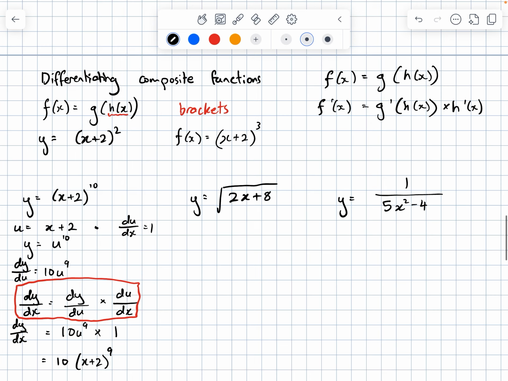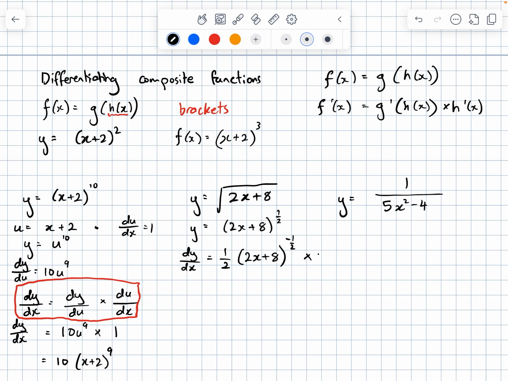So for number 2, I could rewrite this firstly as y equals (2x plus 8) to the power of 1/2. So then to differentiate, I'm going to use this new rule by differentiating the outside function. So that's a half, leave the inside function, reduce the power by 1, and then I'm going to multiply by the differentiation of the inside function.